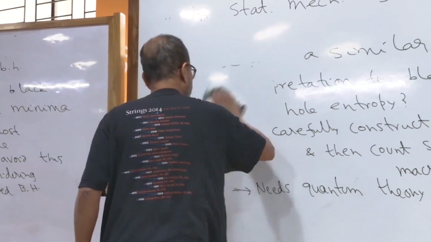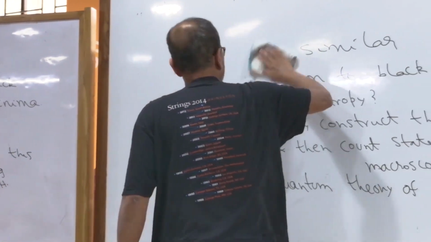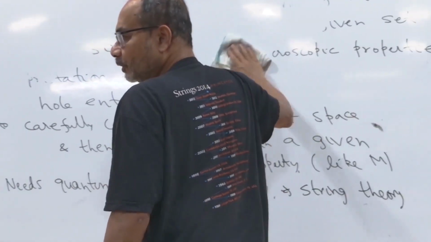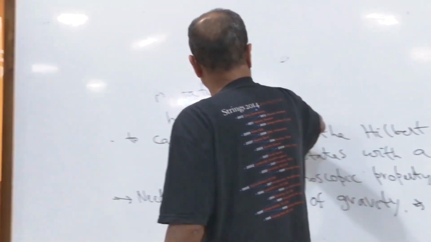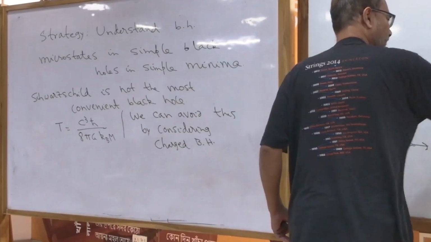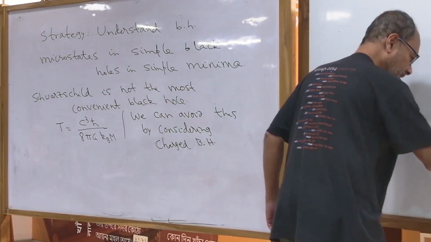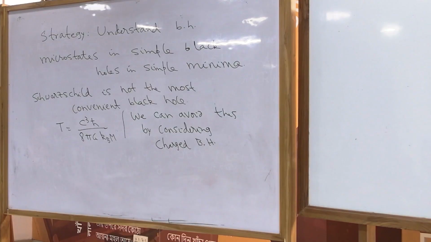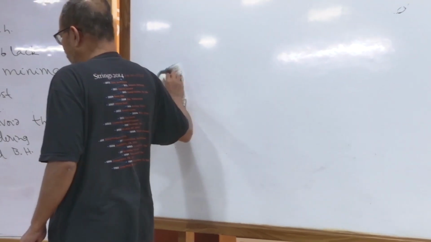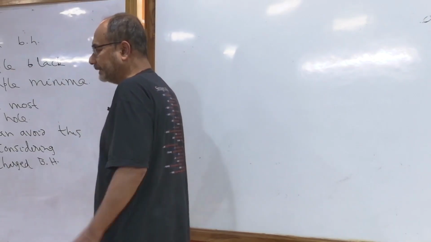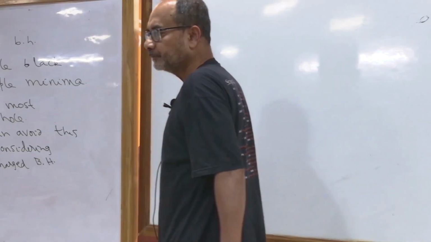Now I think I have reached the end of my ability to put in factors of c and h bar. So I'm going to set them equal to 1. We'll see. Not every charged black hole doesn't radiate, but there are some special charged black holes which don't radiate.